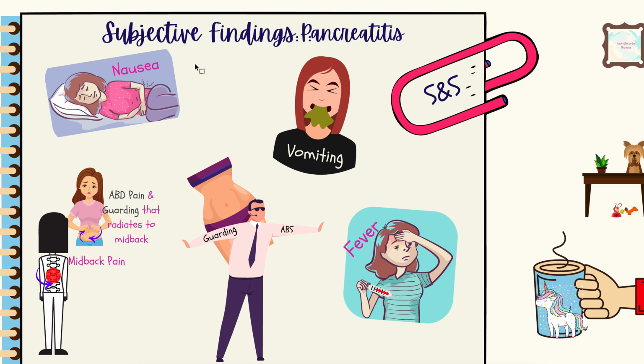So some subjective findings of pancreatitis. Again, just because a patient's having this symptom, this looks pretty much like appendicitis and cholecystitis, really, because they're all in the abdomen. So you need to be able to decipher and pick out those key words. The Cullen sign, the Grey Turner sign, the McBurney's point, the Murphy sign.